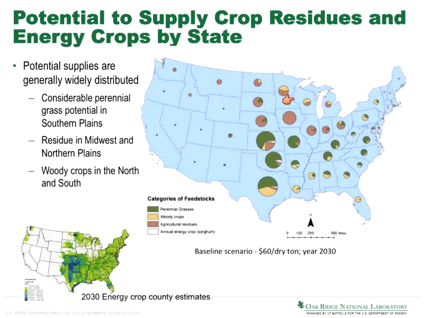I should say that woody crops in the northeast and the lake states are simulated as coppicing willow, and in the southeast they're simulated as a non-coppicing 8-year rotation generic species. Maybe it's pine, maybe it's poplar, maybe it's eucalyptus. And there's also some potential for annual energy crops, such as sorghum.